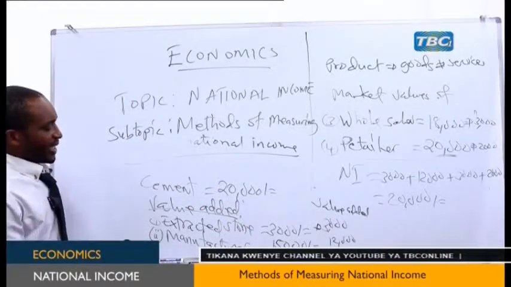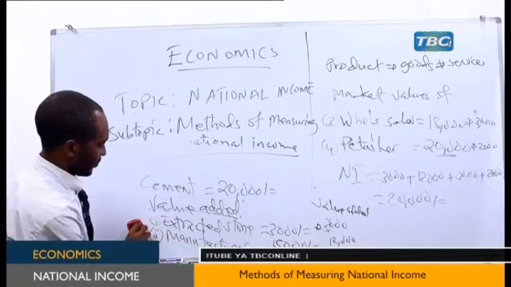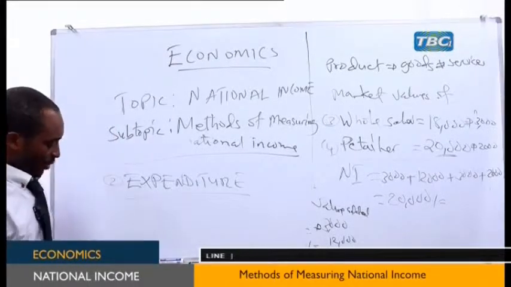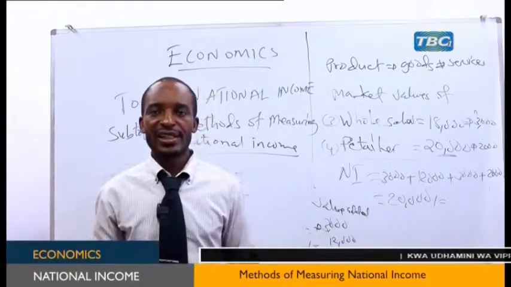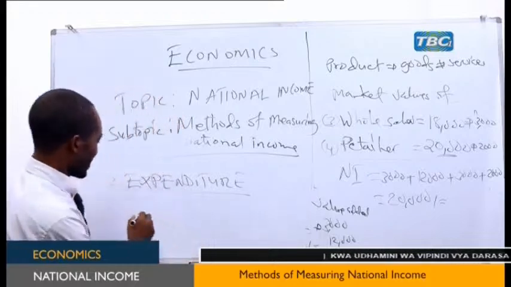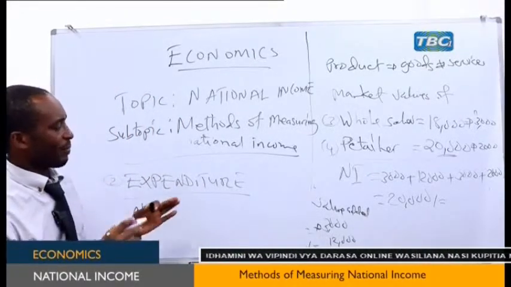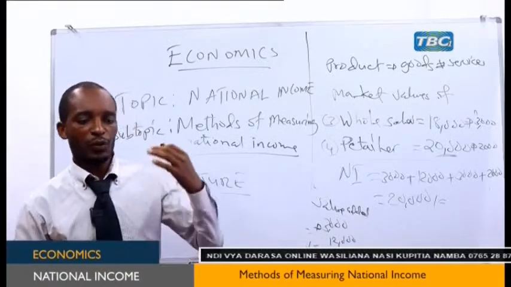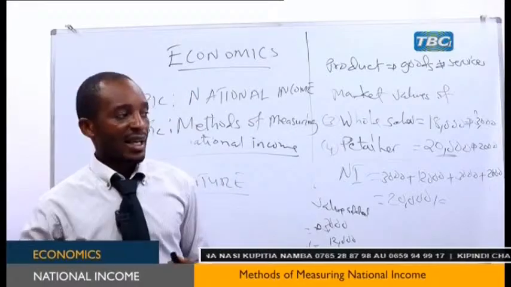Case number 2, we said we can calculate the national income by the expenditure method. Under this method, we need to sum up all spendings conducted in the economy. It means national income will be obtained by summing up all the expenditures of households, investors, firms, government, and so forth.